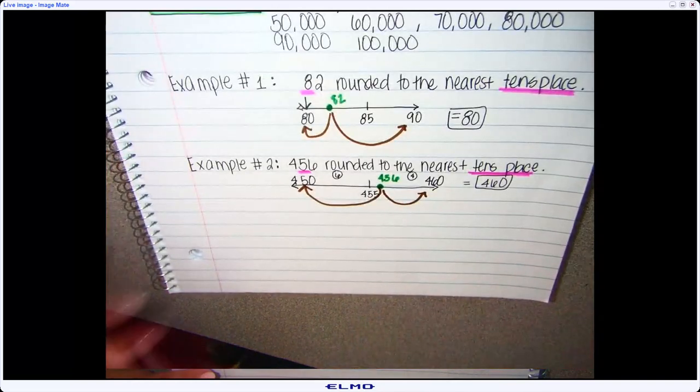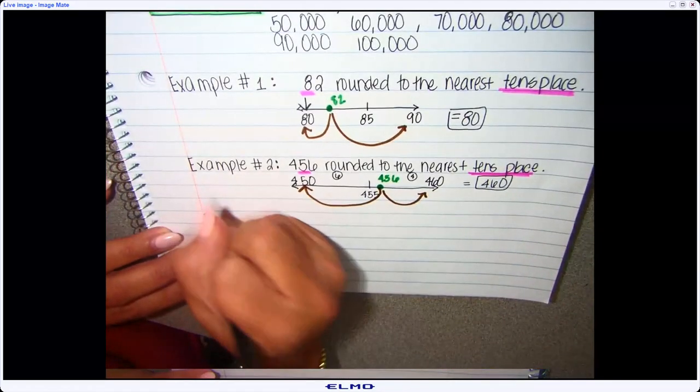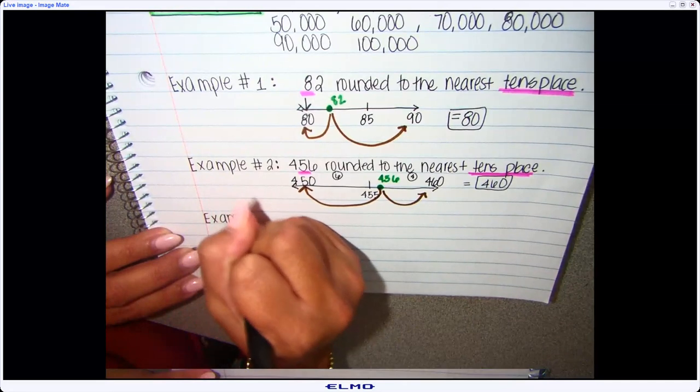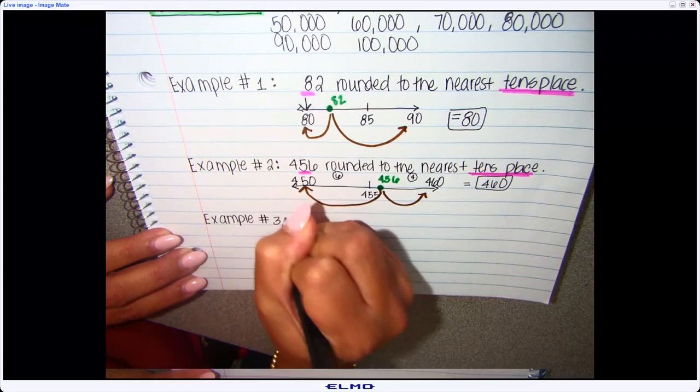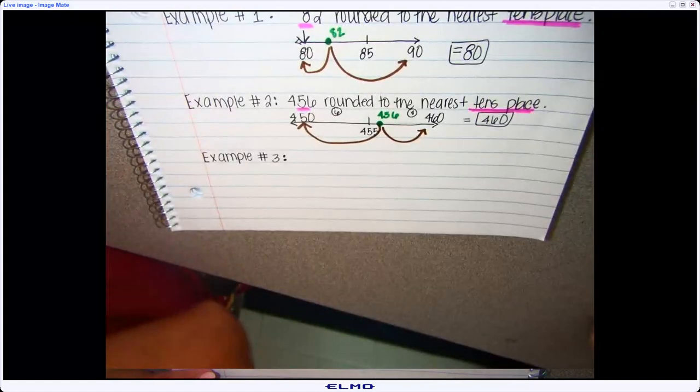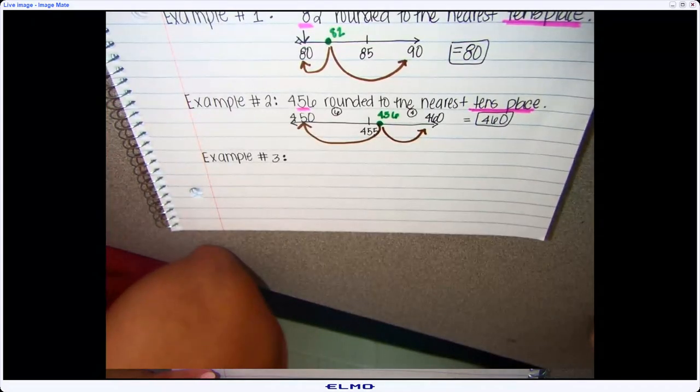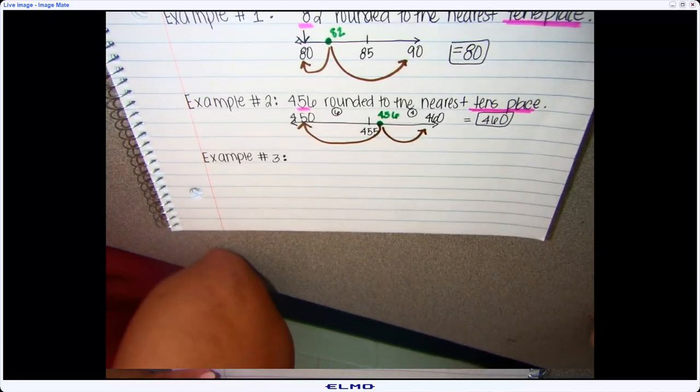Now let's go bigger. Who can think of a 3-digit number? Okay, yes. Wait, a 3-digit number? That was a treat. A 4-digit? 3-digit. No, sorry, we already did 3-digit. Miss Bella, 4-digit. 6,000.